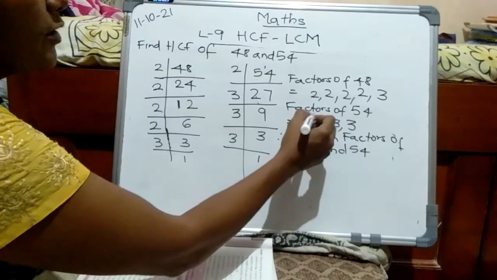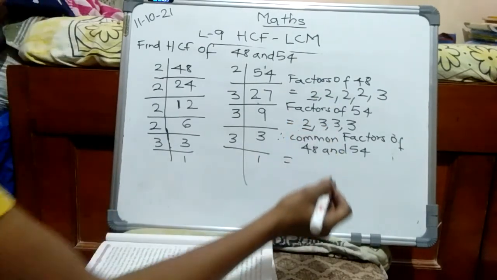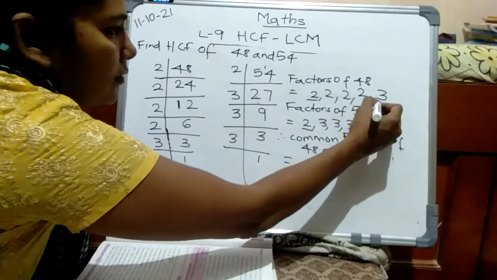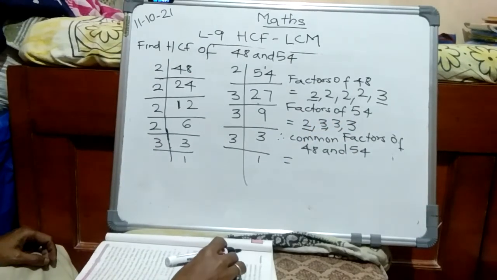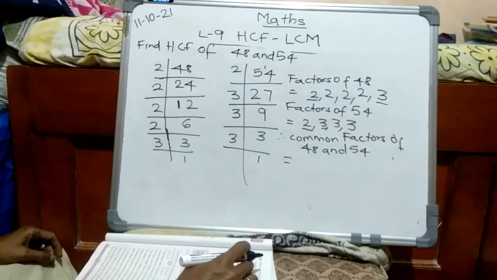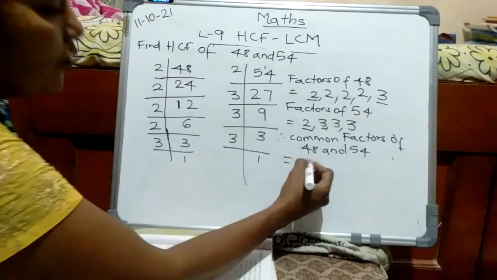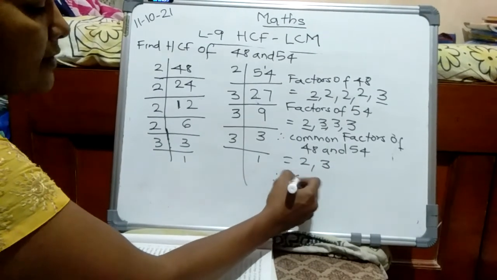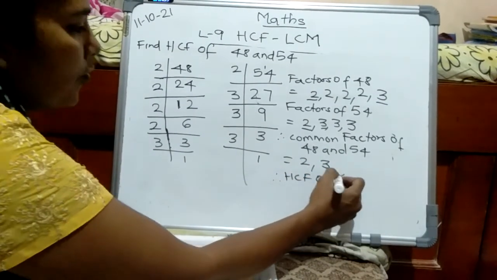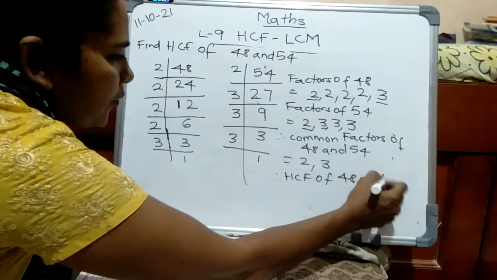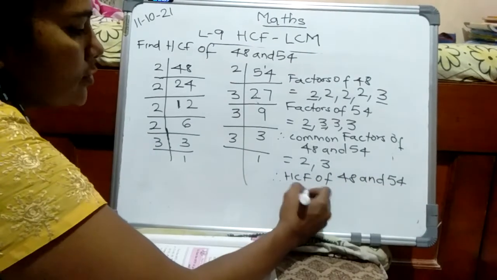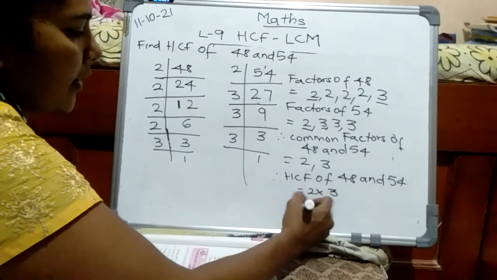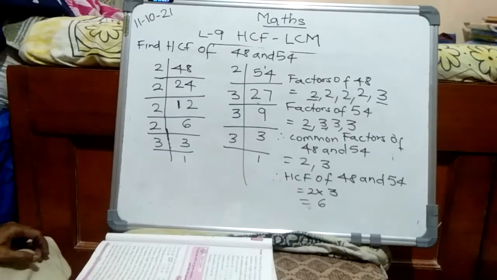Now see, common factor 2 over here, 2 over here, 3 over here, 3 over here, and there is no other common factor. So we'll write 2, 3. Therefore HCF of 48 and 54 equals 2 into 3, that is 6. Is that clear? Understood?